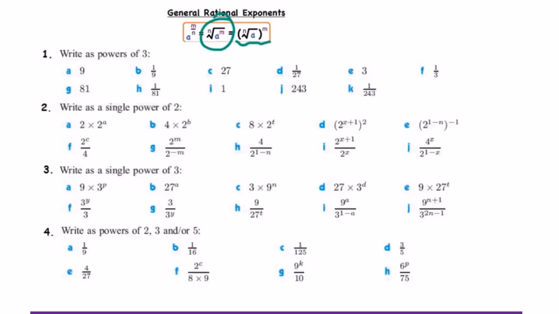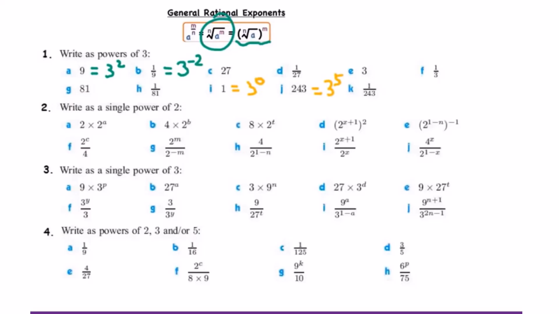So for number 1, write as a power of 3. For 1 over 9, I can write 3 to the negative second power because 9 is 3 squared. For 1, I can write 3 to the 0 power. 243 means 3 to the 5th power.